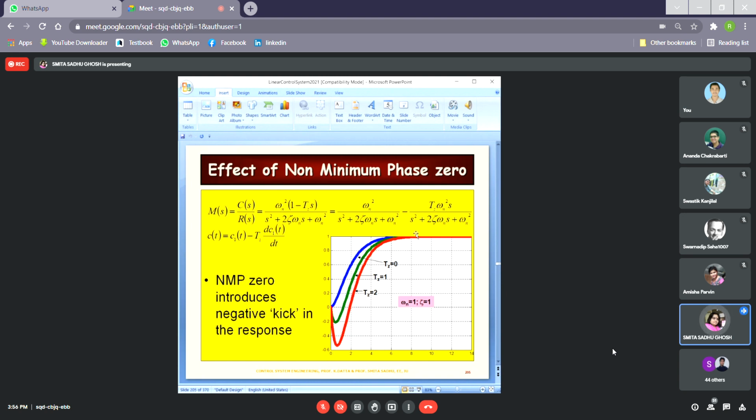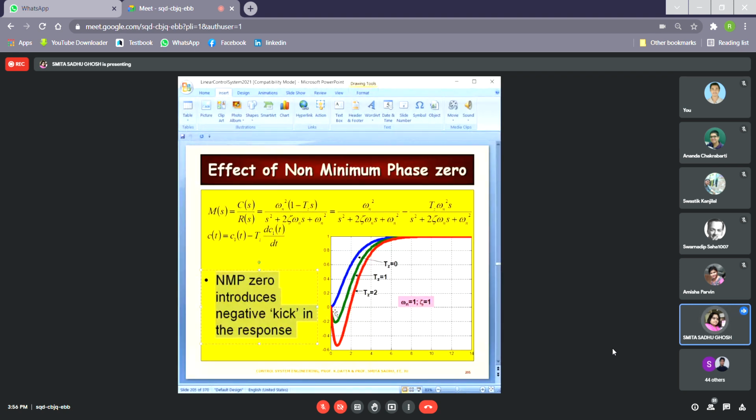So basically, because of the addition of the non-minimum phase zero, what has happened is that from this zero amplitude value, the response has gone to the negative side and then started rising. Here also you find that it has gone to the negative side and then started rising. So this is something that we call the negative kick in the response. So the non-minimum phase zero essentially introduces a negative kick in the response.